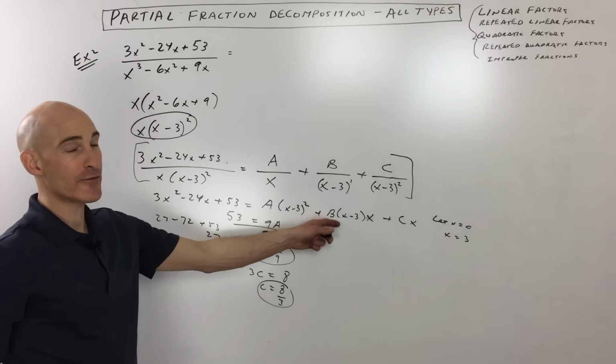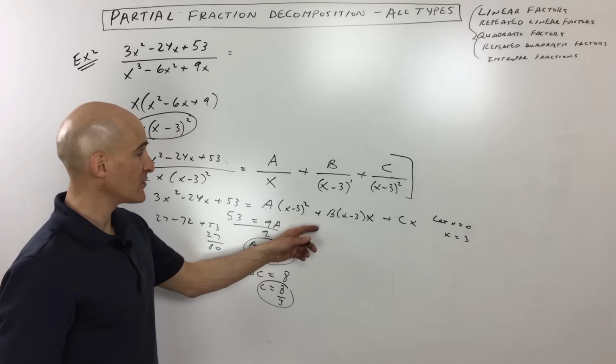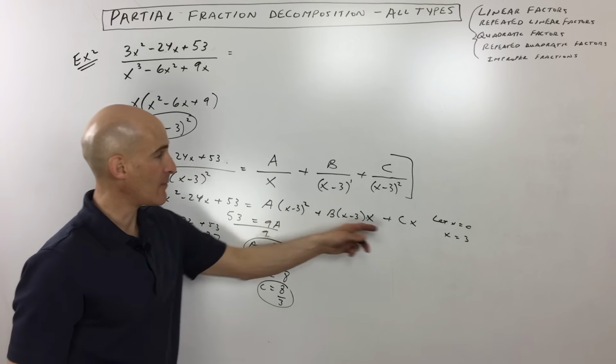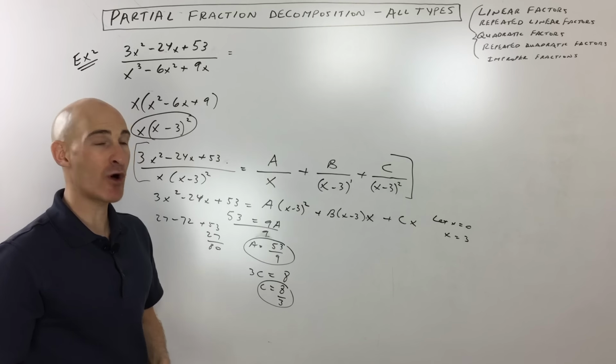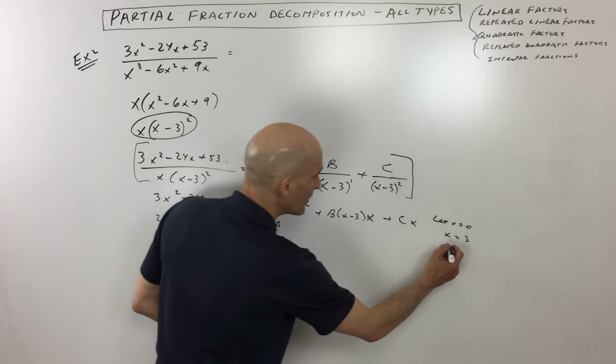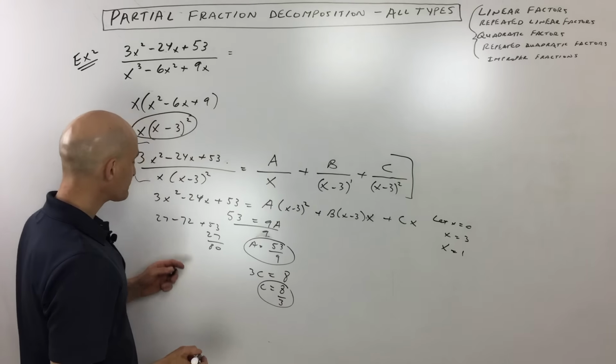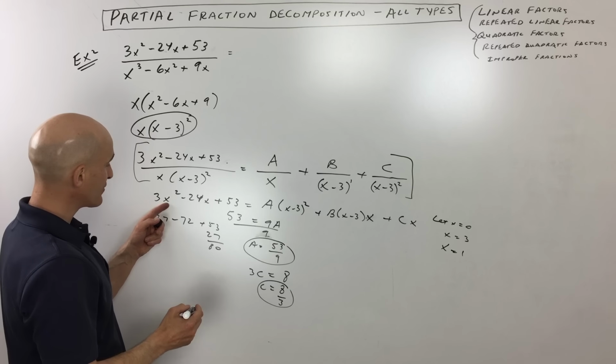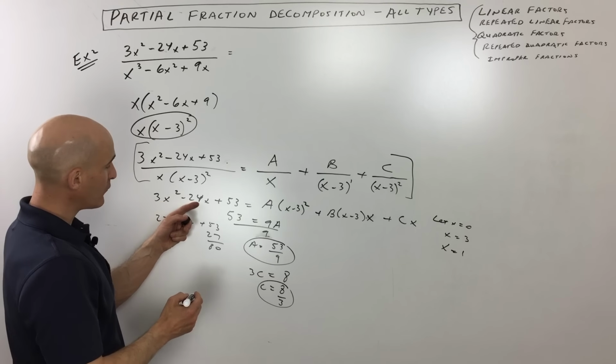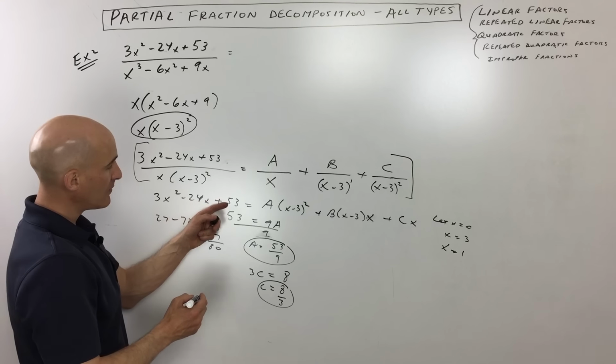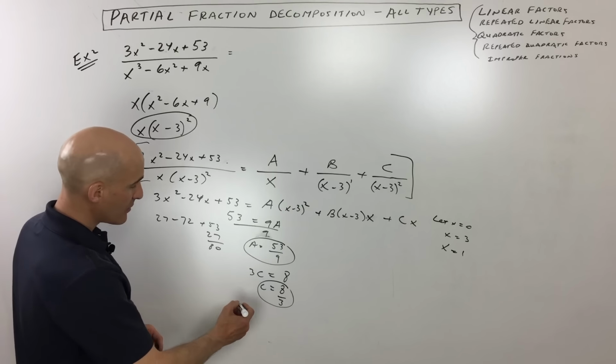Now we just have to solve for b. At this point, there's nothing else that we can cancel out by picking strategic values, so just pick a small value of x, like let x equal 1. If we let x equal 1, that gives us 3 minus 24 is negative 21, plus 53 is 32.